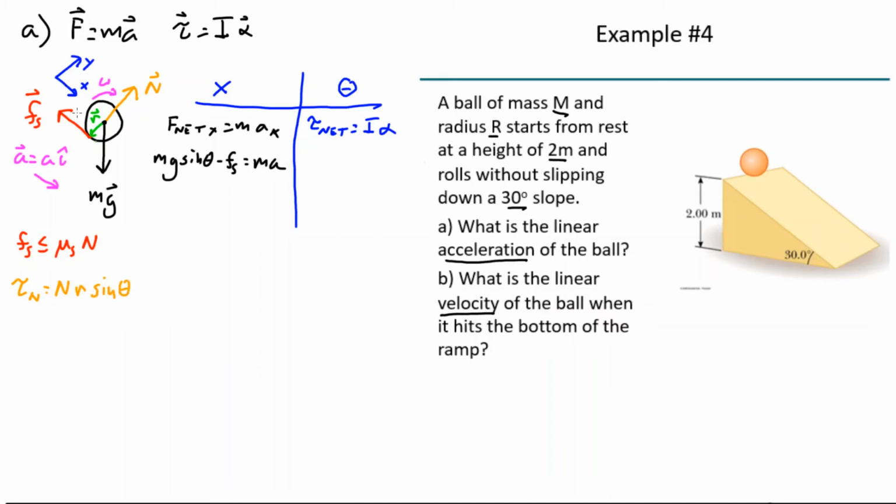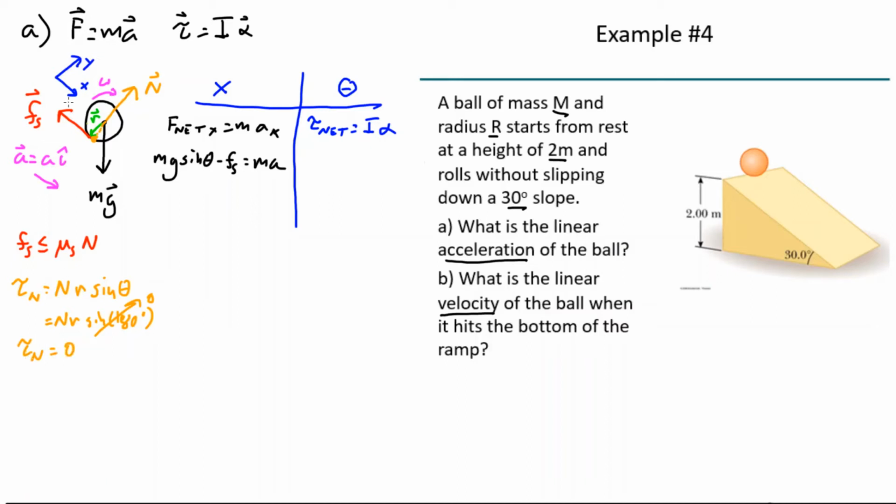Well, really this normal force acts between the incline and the ball, so the point of contact is down here, a radius r from the ball, but the vector that points from the center of rotation to that point where the normal force acts is this vector r, and the angle between r and n is 180 degrees. So this equals n times r times sine of 180 degrees, but sine of 180 degrees is just 0. So the torque from this normal force just equals 0. Okay, so the normal force does not apply any torque.